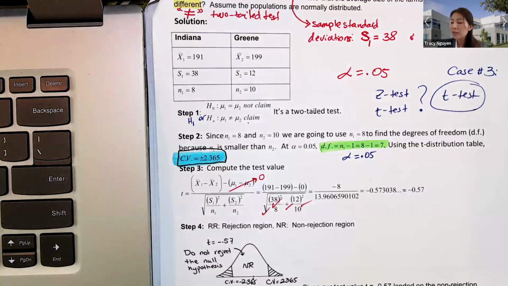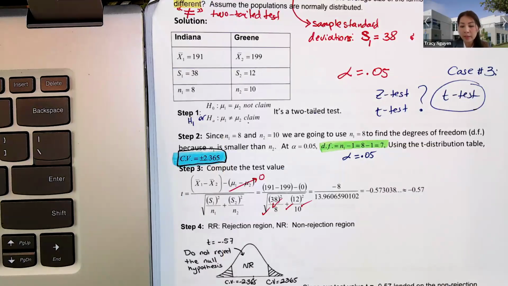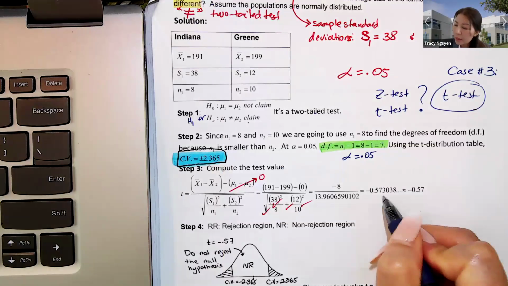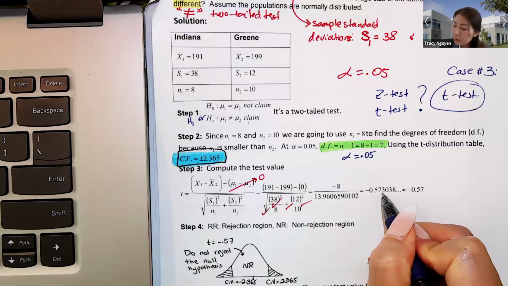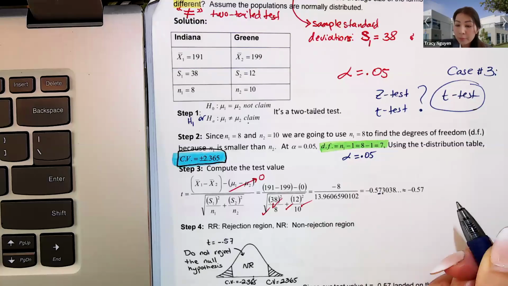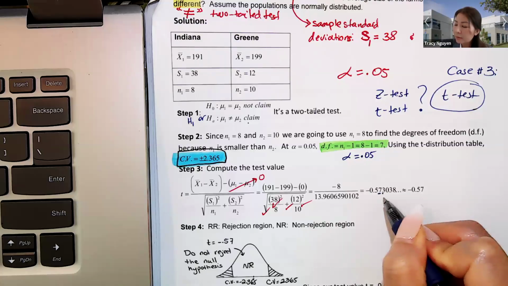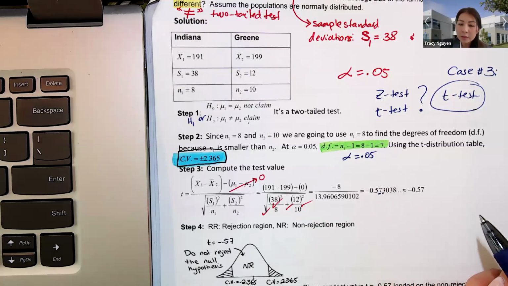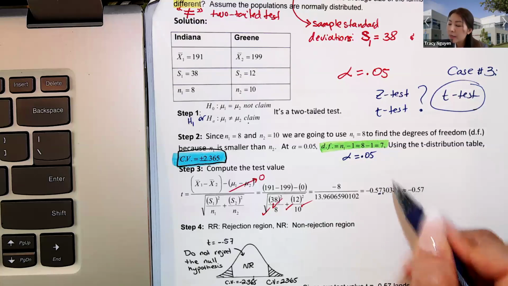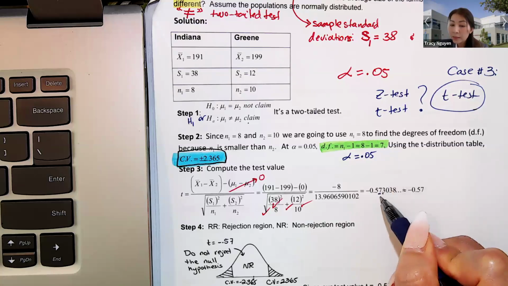Now, in general, for z we know that we have to round to exactly 2 decimal places. For t, it could be 2 or it could be 3. So I'm going to round it to 2 decimal places here for this problem, but on ALEKS, it could be asking you for 3. So we underline the second digit, which is a 7.